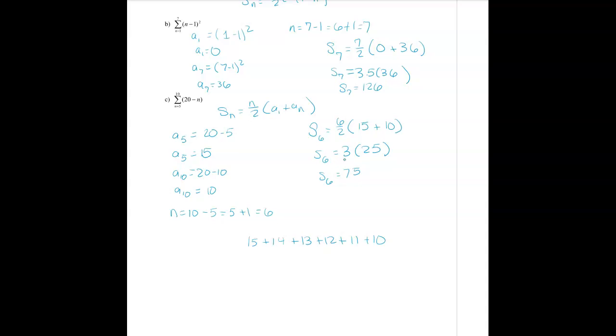Then you can add those all together, and you should get 75. Because that would be 60, plus 5, plus 4, plus 3, plus 2, plus 1. That would give me 10 plus 5, so 75.